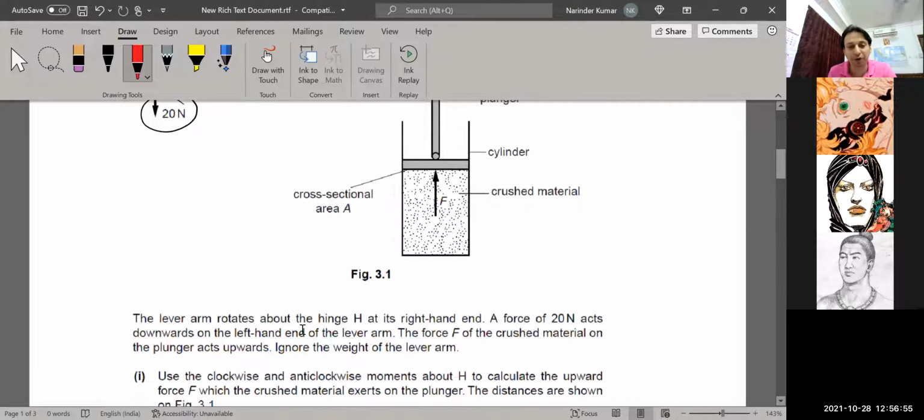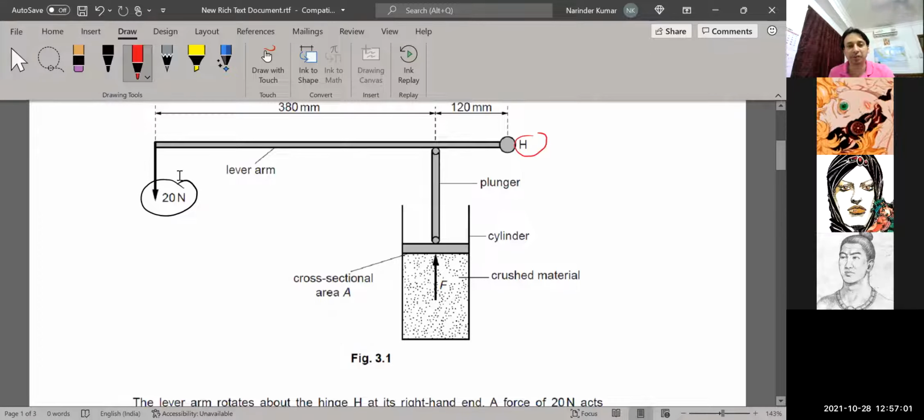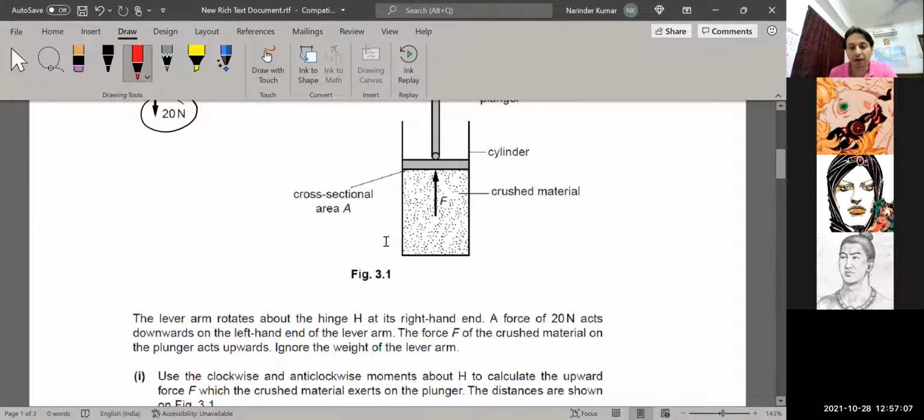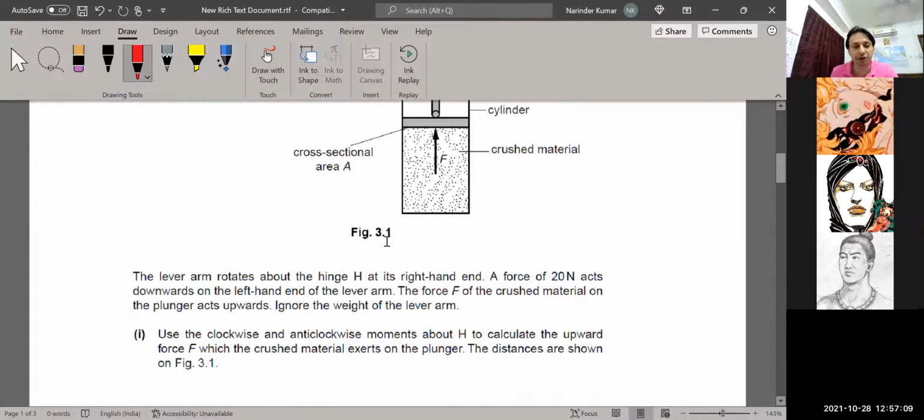The lever arm rotates about the hinge H at its right end. So this beam, lever arm, is able to rotate about the point H. A force of 20 newtons acts downward on the left hand side. The force F of the crushed material on the plunger acts upwards, as in the diagram which is given.